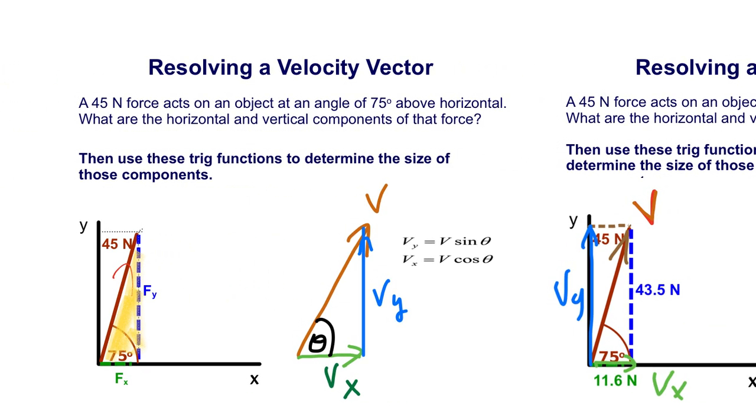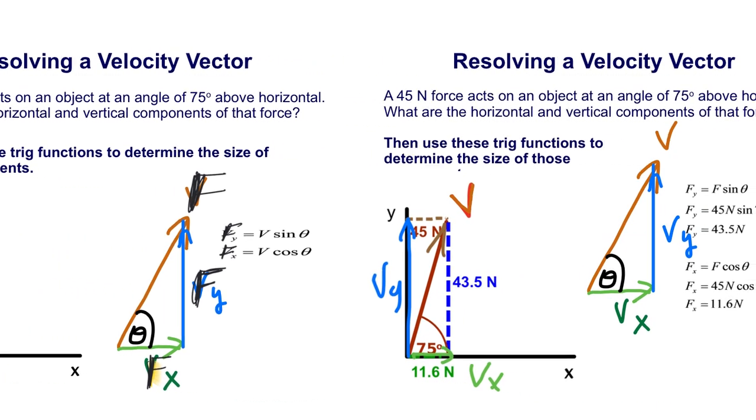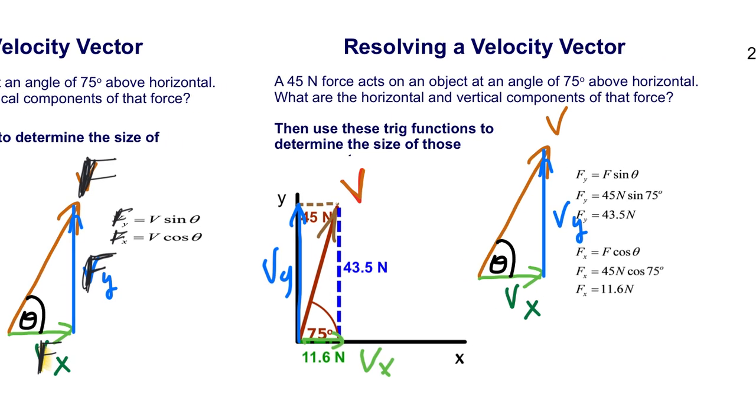Then solve for the x and y components, except that this would be Fx, this would be Fy, this would be F instead of velocity. So same thing here.